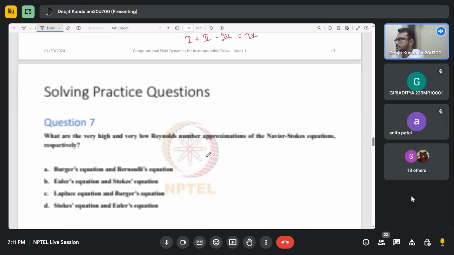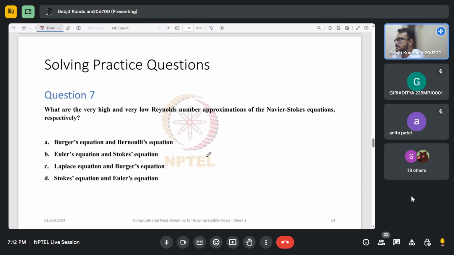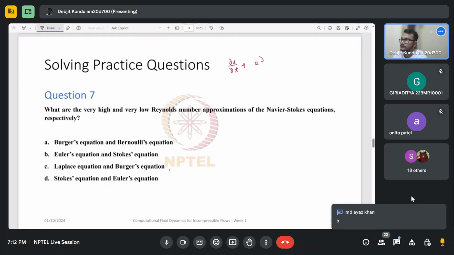We'll move on to question number 7 of today's session, which is asking us what are the very high and very low Reynolds number approximations of the Navier-Stokes equations. So I'll write down the Navier-Stokes equations for you. I'm writing this in one dimension only, that is x.